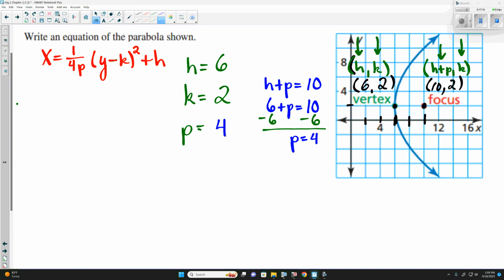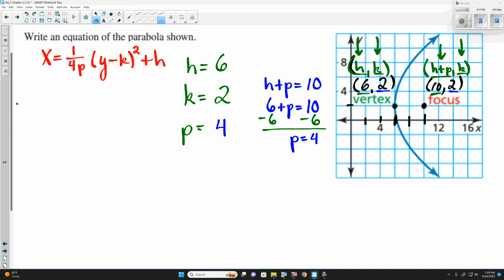But again, the reason that we're able to do that is because what did we do? We lined up the vertex with the general equation, h comma k. We lined up the focus with its general equation, h plus p comma k. We're lining it up and matching up what goes with what, and then filling in what we know. With the vertex, it gave us that h is 6, k is 2. We see over here, k is still 2, which should match up.